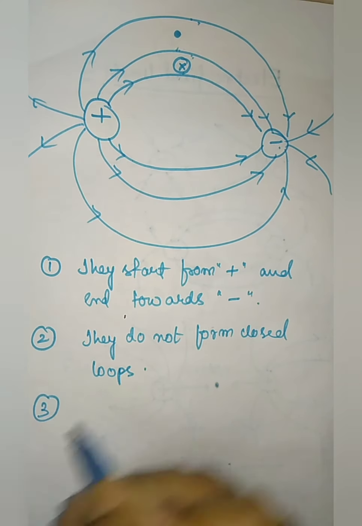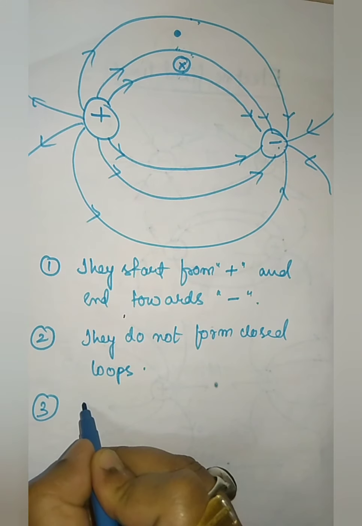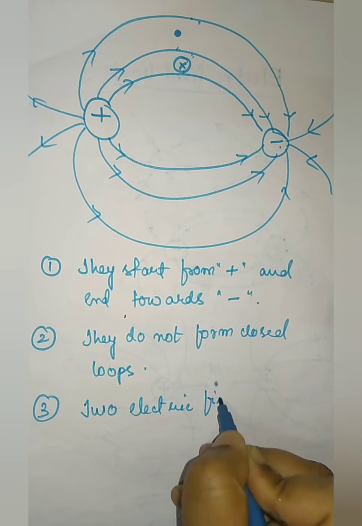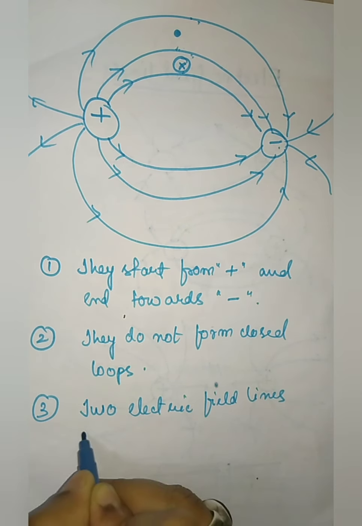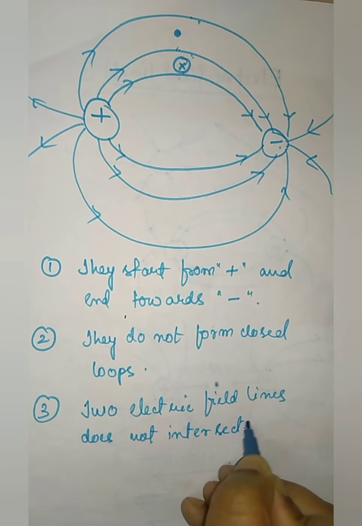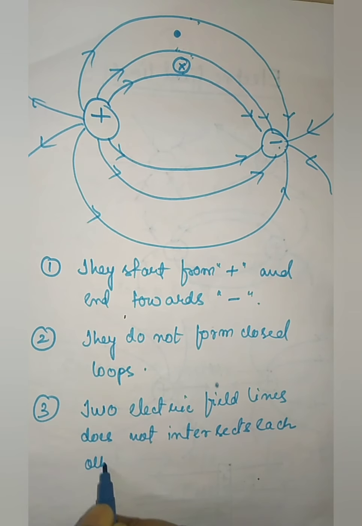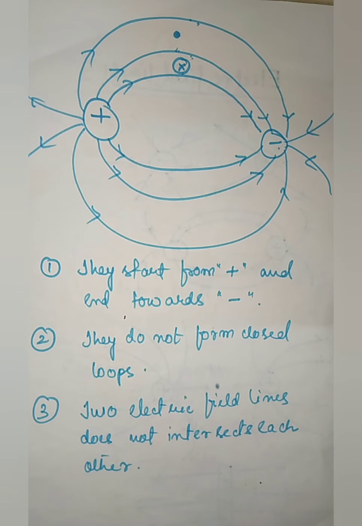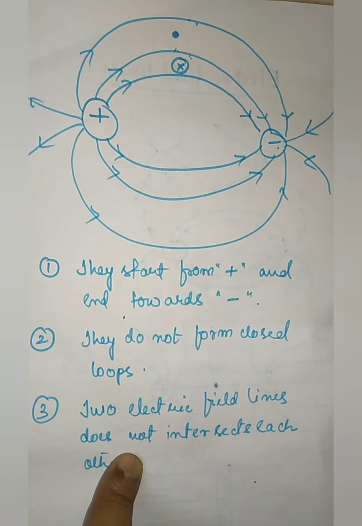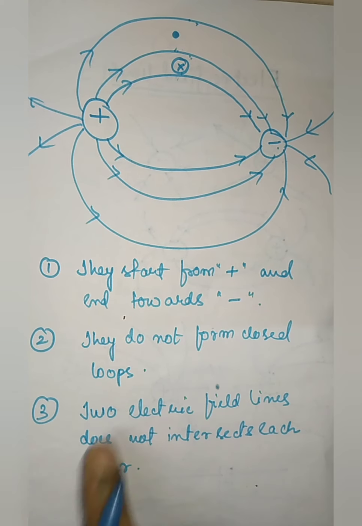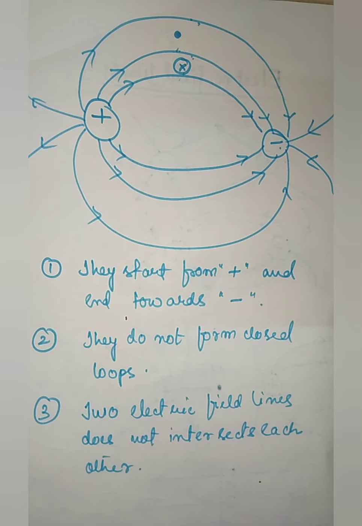Okay, the third one, two electric field lines do not intersect each other. This is because, now I told you, electric field lines हम लोग को क्या देता है? Direction of electric field. So at the point of intersection, if two electric field lines cross each other, at the point of intersection there will be two directions of electric field, which is not possible. That is why two electric field lines can never intersect with each other.